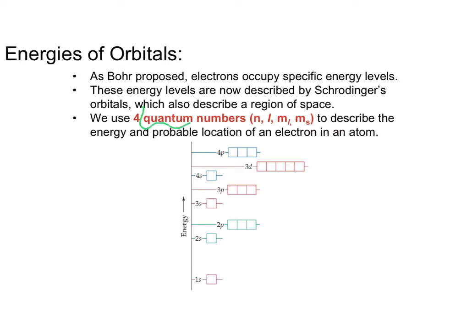Now that we've defined what an orbital is, as you can imagine, there are many different types of orbitals depending on their energy level, how far away they are from the nucleus, and a bunch of other properties. But how we specify what orbital we're referring to is by using quantum numbers.